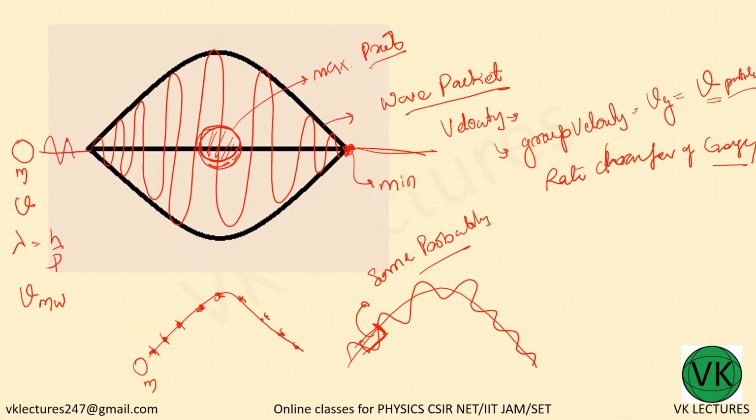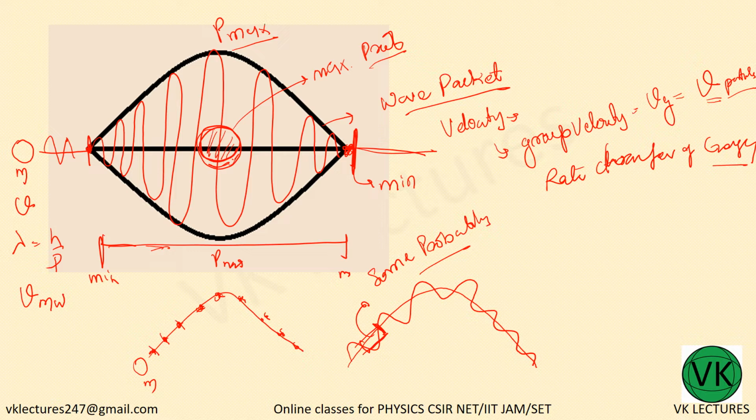Now once again, through this figure, the probability of finding a particle at this particular point where constructive interference takes place is maximum. Minimum probability at the ends, that means where destructive interference takes place. Throughout this wave packet, the probability will be distributed with maximum here and minimum at the ends.